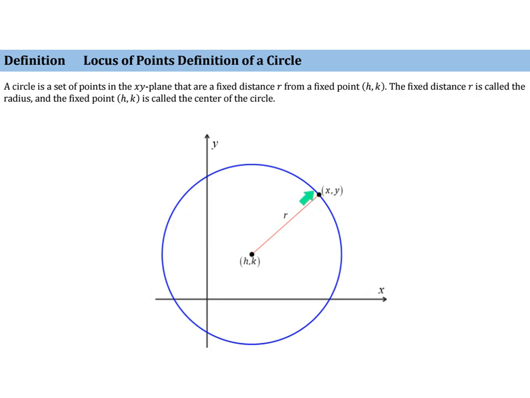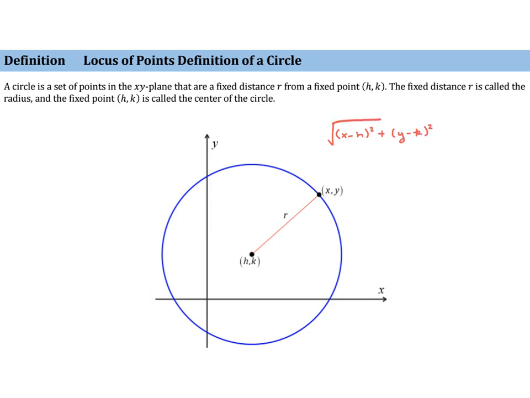So (x, y) is not fixed. It could move as long as it satisfies the requirement that it is the distance r from (h, k). That being said, we know that the distance between (x, y) and (h, k) from the previous warm-up is given by this expression.